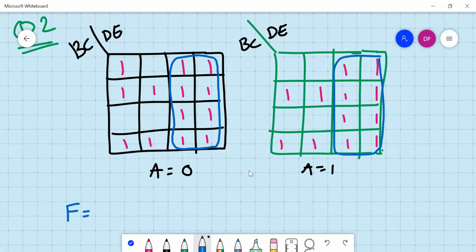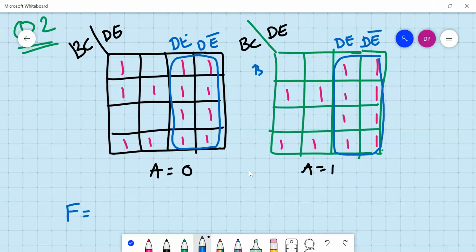So what will be common in these two? D. This is DE, this is DE complement. So what is common? D.